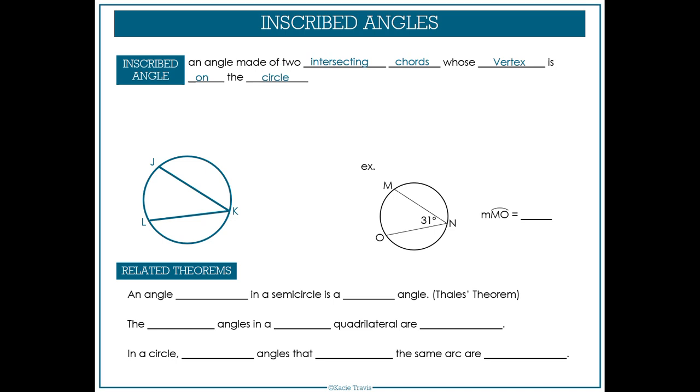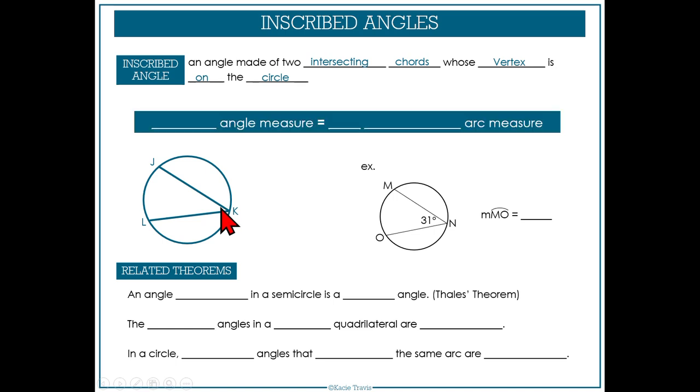So when we talk about vertex, remember that's the corner of your angle. So this right here, JK, that's a chord that meets over here with LK. They both meet here at point K, which makes us this angle here, JKL, or you might want to call it LKJ, or just simply angle K.